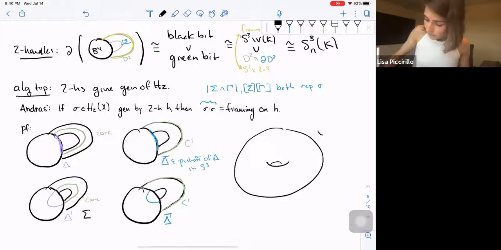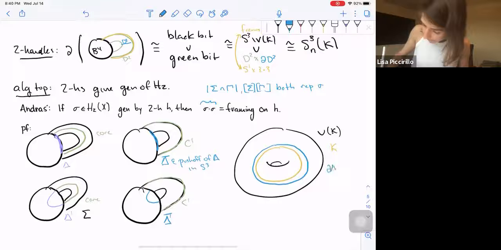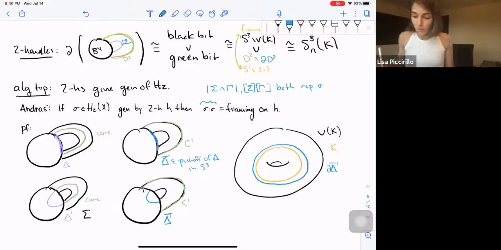So if this is a tubular neighborhood of K, and maybe here's K, here in the middle of it, then, well, what's the boundary of delta bar prime? I claim it's going to be a curve just like this. It's very close to K because we used a small push off.